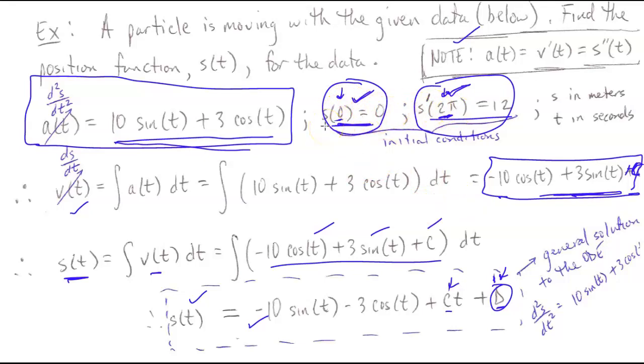The main thing is that whatever your actual function is that you're trying to find the specific or particular solution of, you just have to know something about it. And it's convenient to know at a single point, in this case, the position and the velocity, but you may not be able to know that. So in this problem, we knew the initial position, but we also knew the velocity at 2 pi seconds later. That's what we knew, so that's what we used.